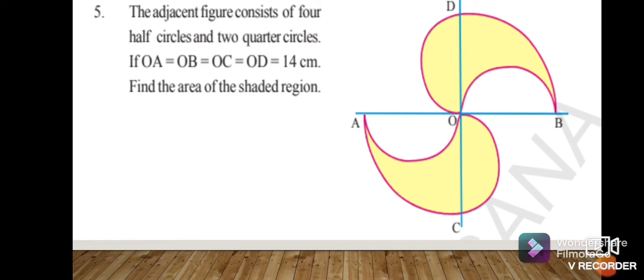Now observe that we have with the AC arc one quadrant arc, and with the BD arc another quadrant arc, 2 quadrant arcs, quarter circles, that means quadrants. And next 4 semicircles, 2 shaded and 2 unshaded. 2 shaded means with OD and OC shaded, with OA and OB unshaded.